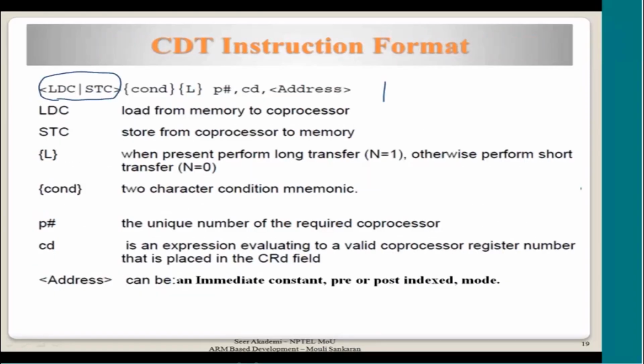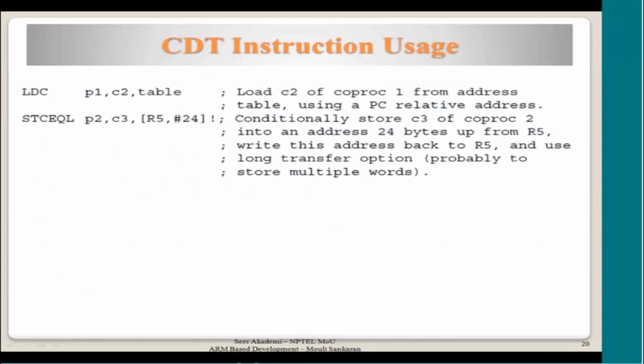So you can mention LDC or STC, then the condition code, then which coprocessor ID, and how to generate the address, and then say which coprocessor register to copy that value to or from. Okay, so these are some example usages of the instruction.